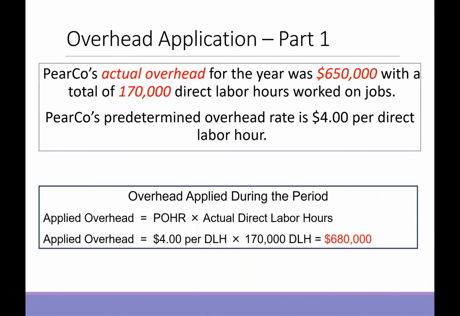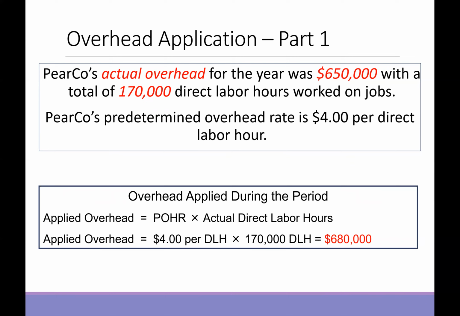So Pear Company's actual overhead was 650, and the actual labor hours were 170,000 hours. If we know the predetermined rate of 4, we can figure out did we over apply it or under?